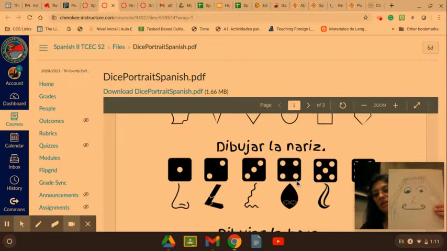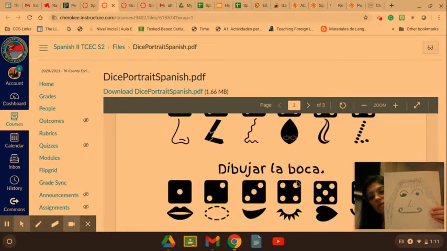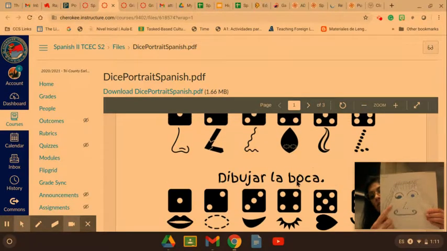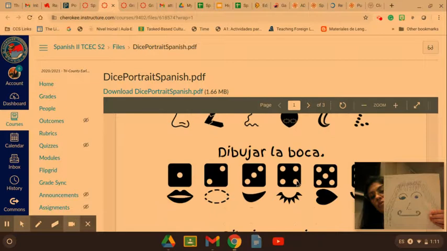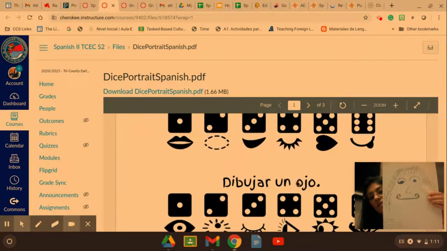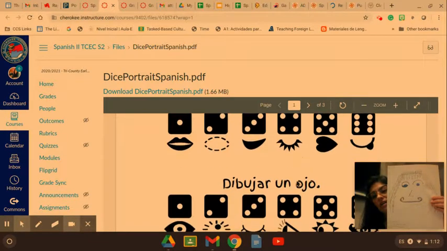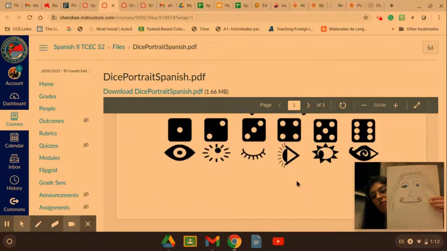So then it comes for the nose. This person again rolled the number 6. Then you roll por la boca. And la boca, you cannot see very well, but this person rolled número 2. And then you're going to roll for one ojo.